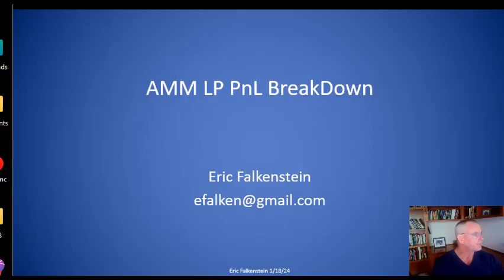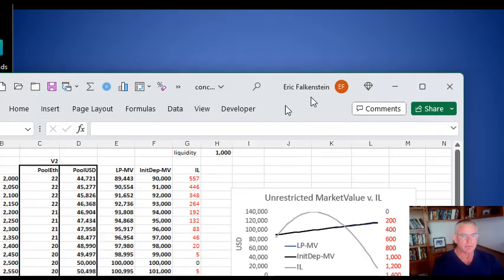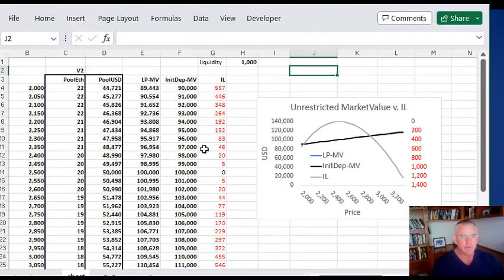Now, you can actually formalize this in the Uniswap AMM, which is called a constant product AMM.